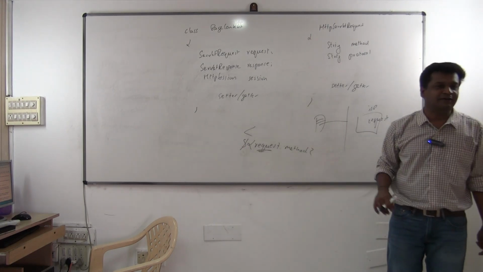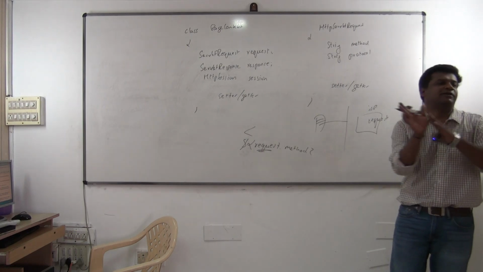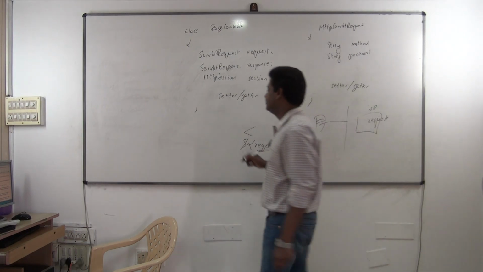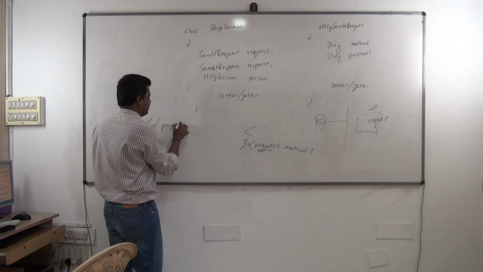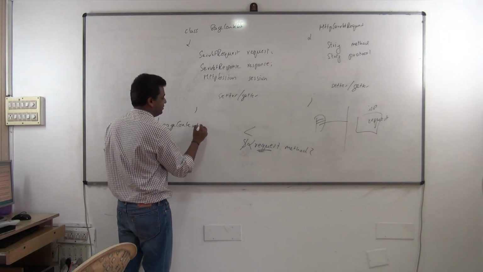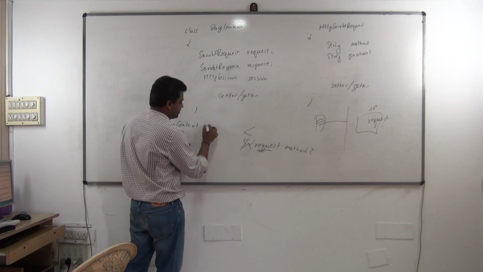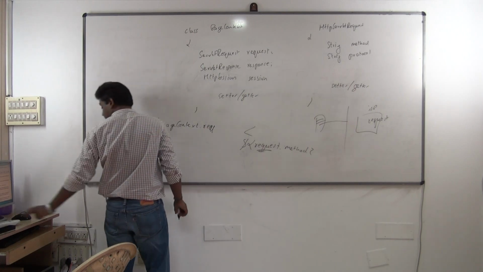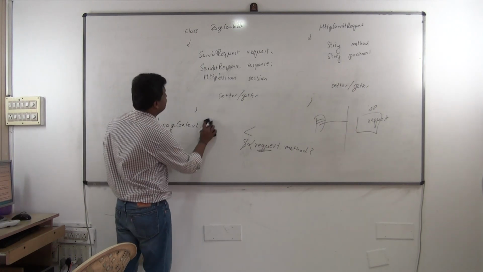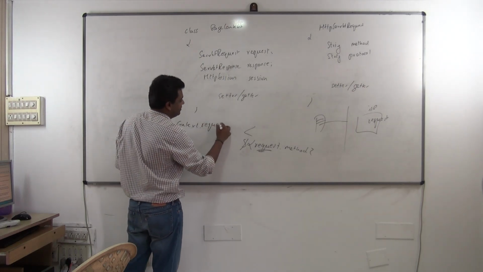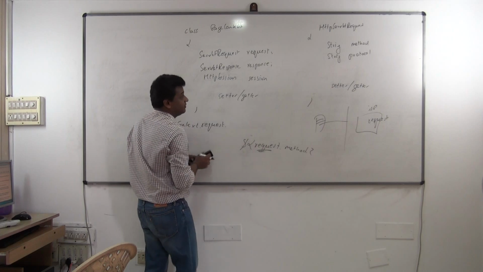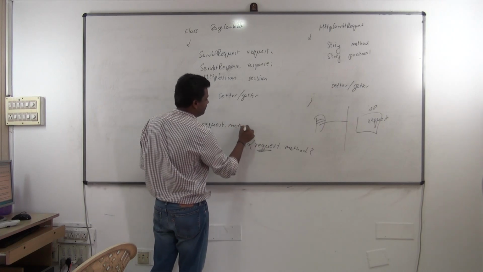So what we do is go through pageContext. With EL, we write dollar of pageContext.request. Request is a property. Then request dot method, finished, over.